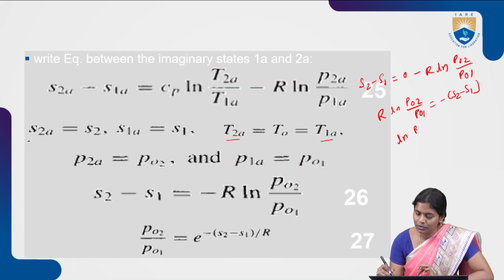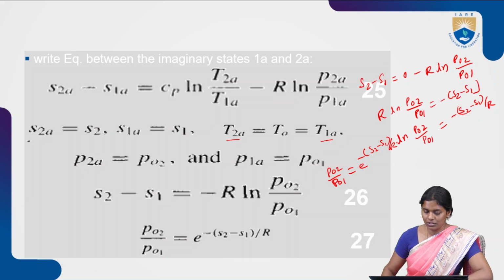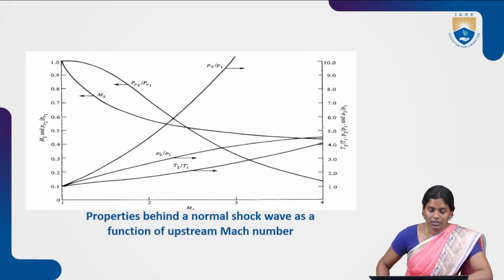So ln of P02 by P01 equals minus of S2 minus S1 divided by R. Further we can write it as P02 by P01 equals e to the power of minus of S2 minus S1 by R. This is the expression which we get. Now the variations will be like this.